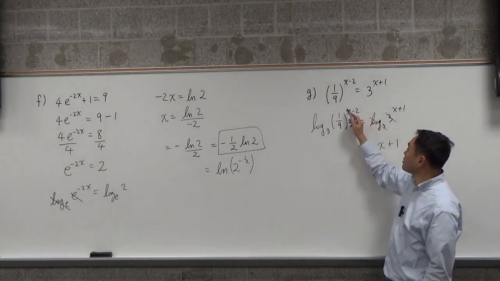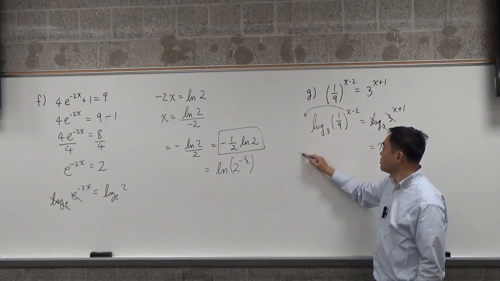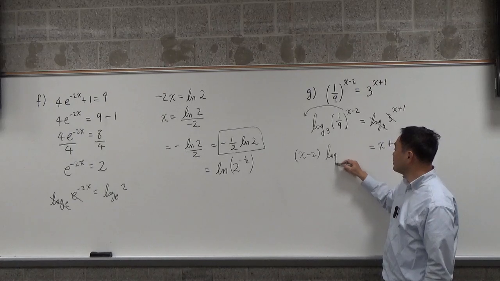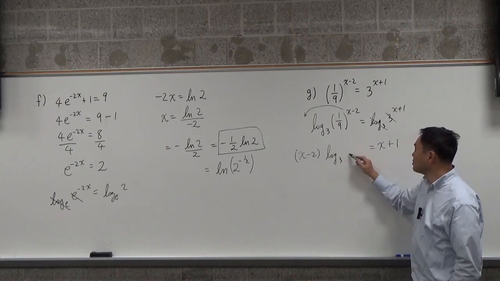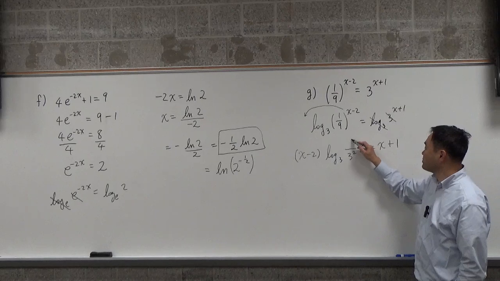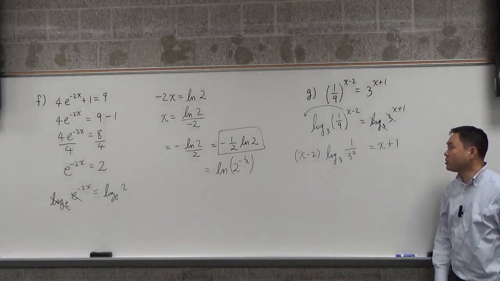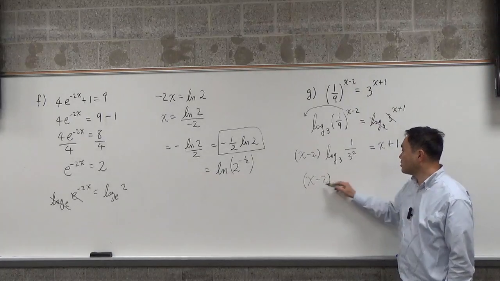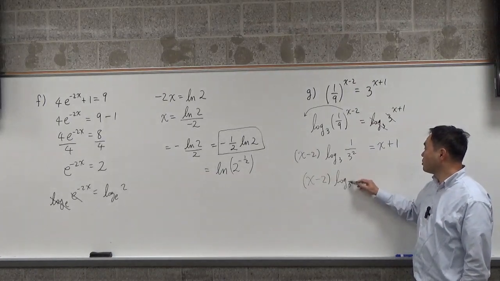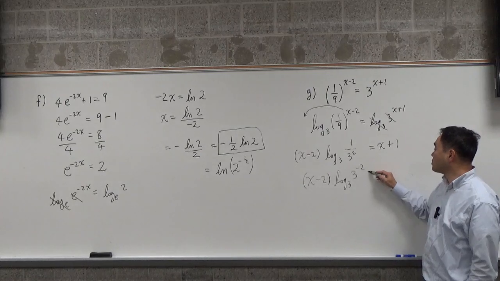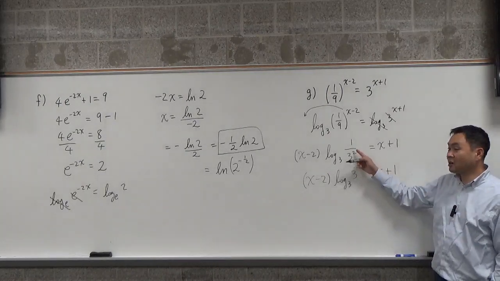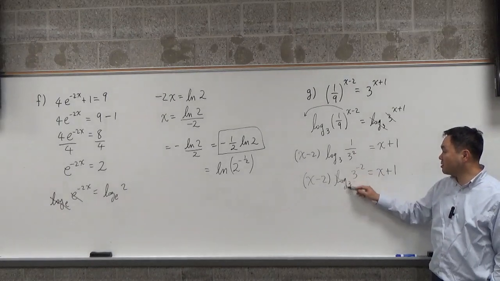On the left side, x minus 2 can be pulled in front, and then you can write 9 as 3 squared. And then you can still write it again as, 3 squared is 3 to the negative 2 power, right? You have to know that that can be written like that.